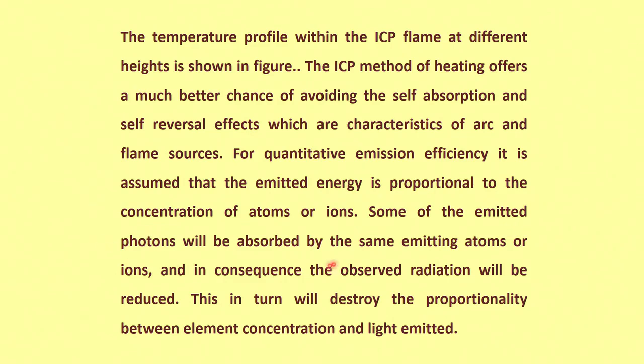Some of the emitted photons will be absorbed by the same emitting atoms or ions, and in consequence the observed radiation will be reduced. This in turn will destroy the proportionality between the element concentration and the light emitted.